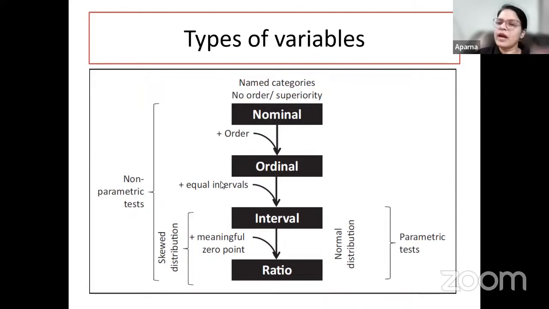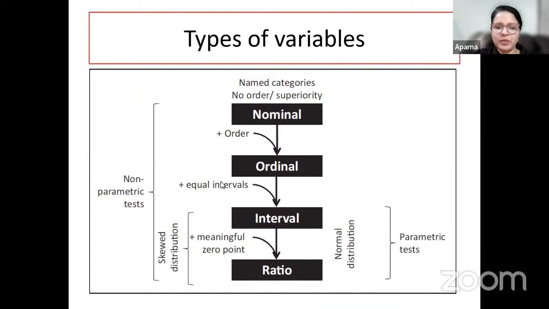But again, we do not have a meaningful 0 point here. There is nothing like a 0 degrees Celsius that is actually clinically relevant. Whereas if you represent the same temperature on the Kelvin scale, we have a meaningful 0 degrees as a value for temperature. So this becomes a ratio scale.